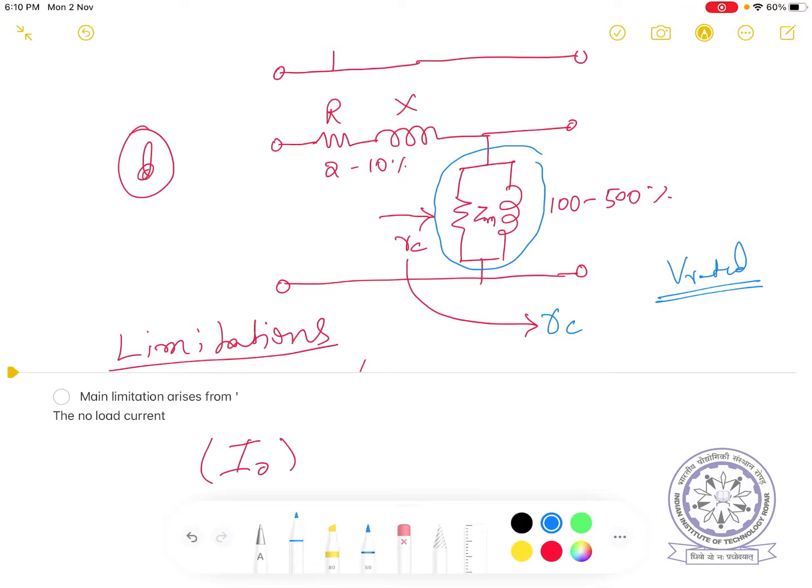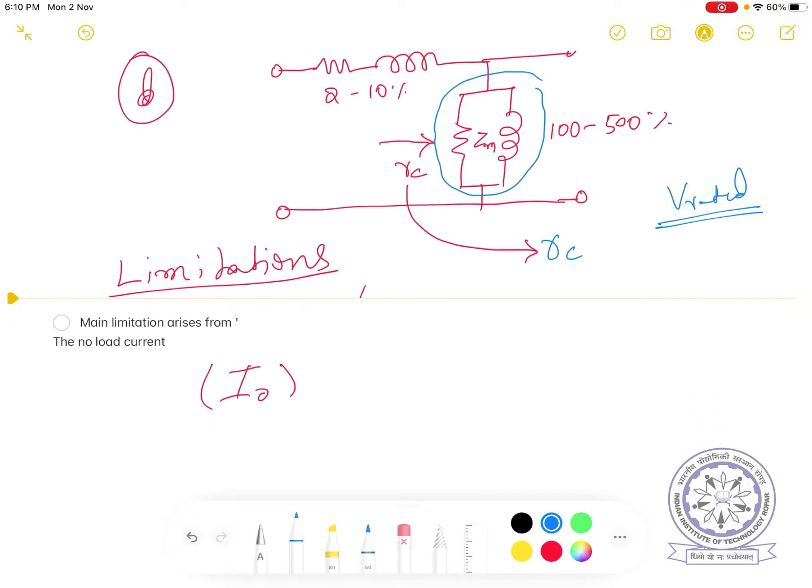Why should it depend on the voltage? Say V by I, R is not constant. Yes, this is not constant in this case because the losses occurring inside the core are given by this equation: Pi equals K1 Bm square omega square, which is the eddy current portion, plus K2 into Bm to the power of 1.6 into omega.